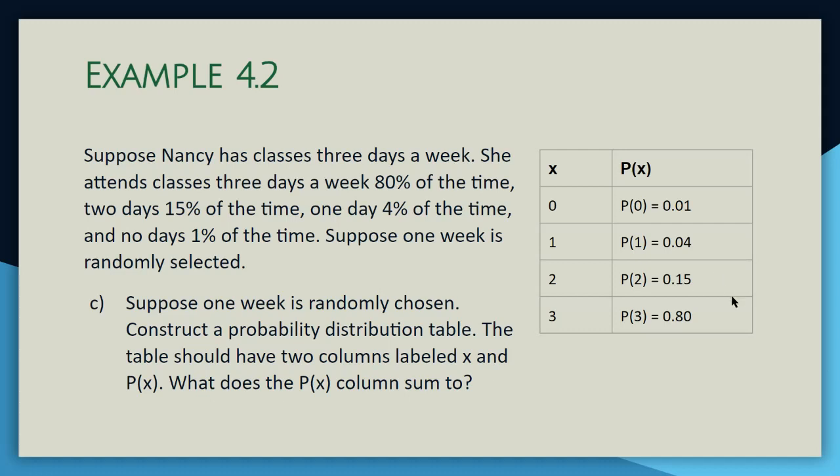And 0.2 plus 0.8 is 1. So this does check out. Each probability is between 0 and 1. All of the probabilities add up to 1. So Nancy's class schedule and her attendance in classes per week does form a discrete probability distribution.